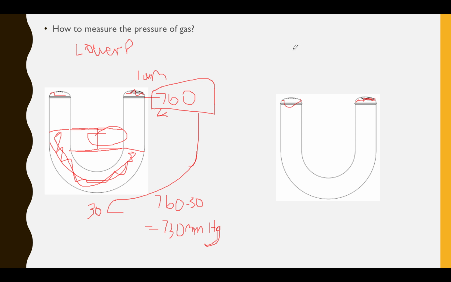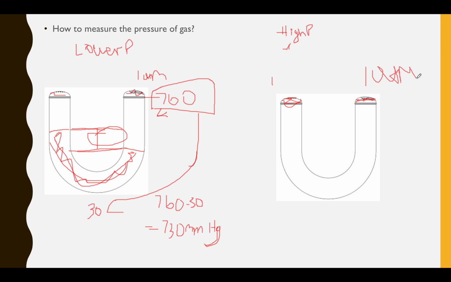Alrighty, so then this one I'm going to use for the high pressure. High pressure, remember, ignore these tops. This is going to be the high side right here. This is going to be the 1 ATM, atmospheric pressure.